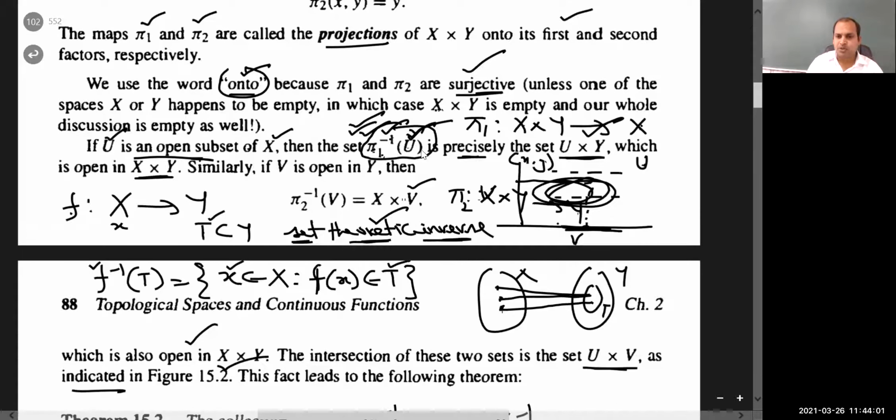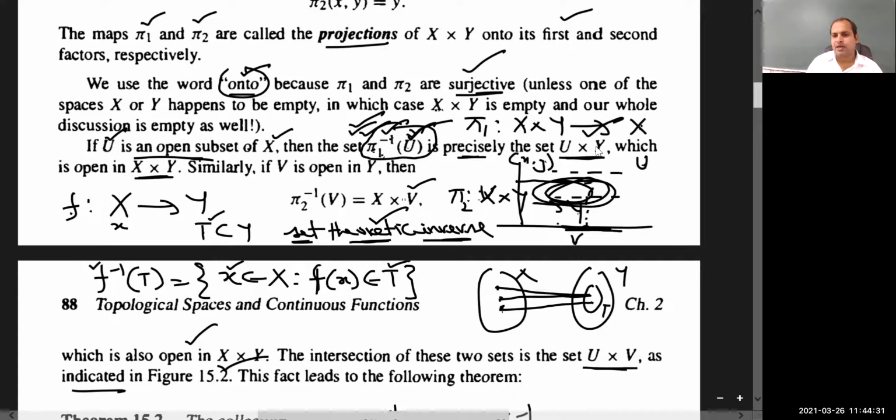हाँ, अब इस पॉइंट पे आते हैं जो मैंने यहाँ छोड़ दिया था. Claim is that if U is an open subset of X, then the set pi 1 inverse of U is precisely the set U cross Y, which is open in X cross Y. देखो U open है X में and Y open है. Whatever topology is on Y, phi and Y are always members of it, because the empty set and the full space are always members of every topology.